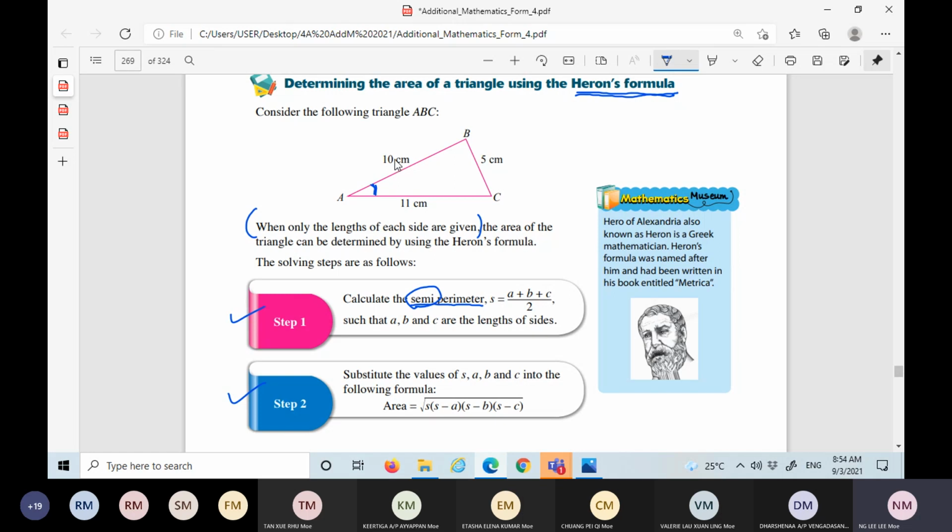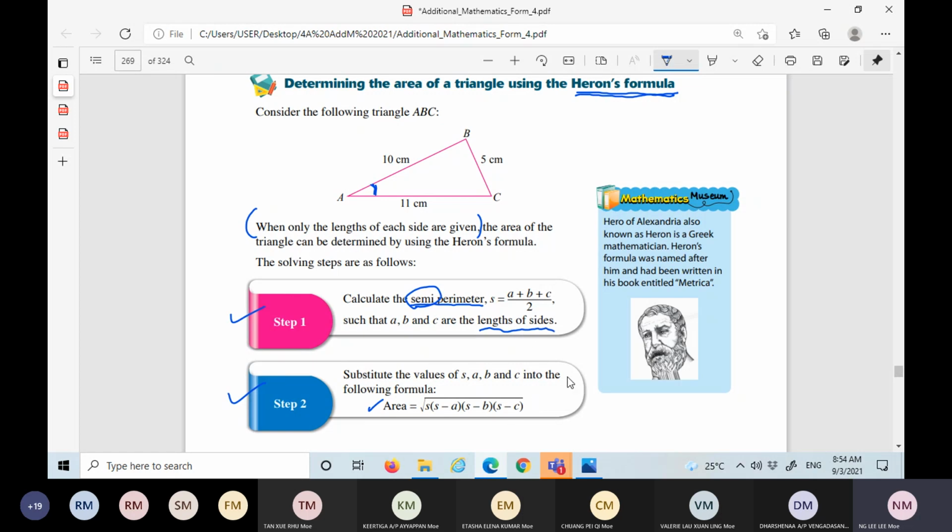Means you add, in this case, 10 plus 5 plus 11, and then divide by 2. After that, this is the formula for area: square root of S times, in bracket, S minus A, in bracket, S minus B, in bracket, S minus C. The A, B, C are the lengths of the sides.